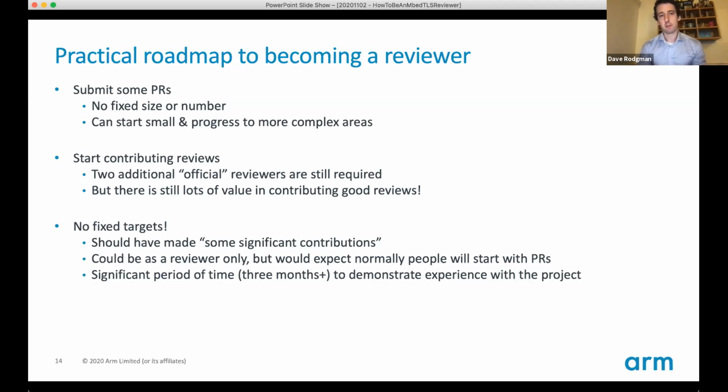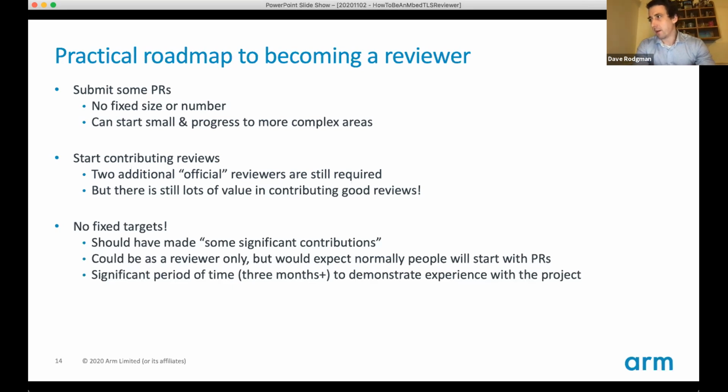People could just contribute reviews. Probably we're expecting people will start with PRs, progress to reviews, but it doesn't have to be that way. We would generally look for contribution over a decent period of time to show experience with the project.